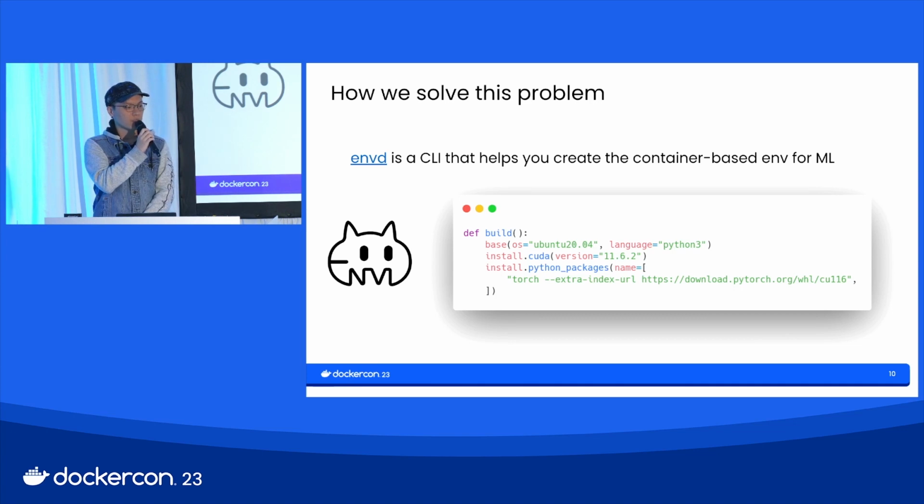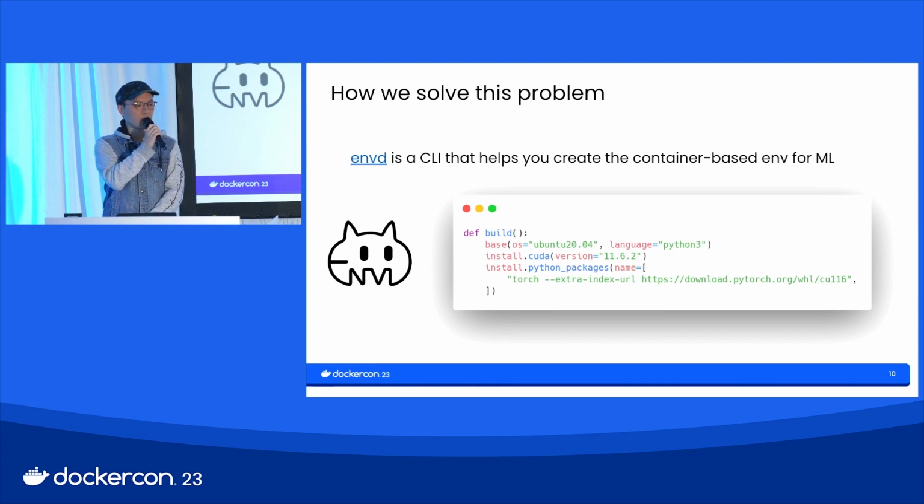It's the language used in the Bazel build system, and we use it in our language, so users can use Python syntax to write their environment requirements. They are already familiar with Python syntax, so it's easier for them to get on board with these tools.